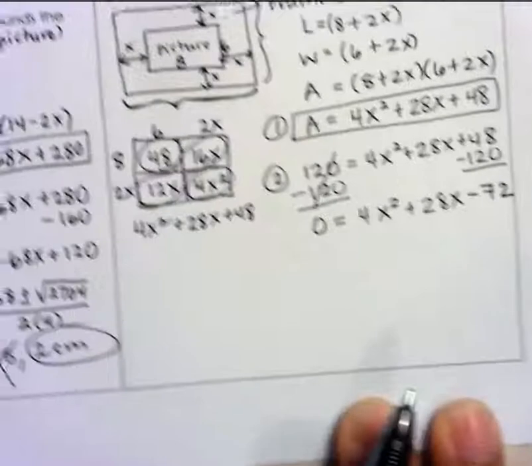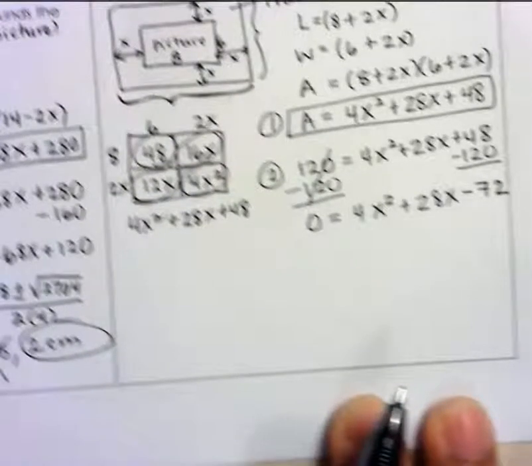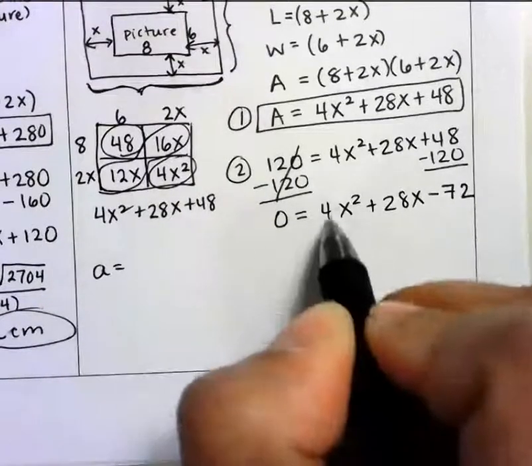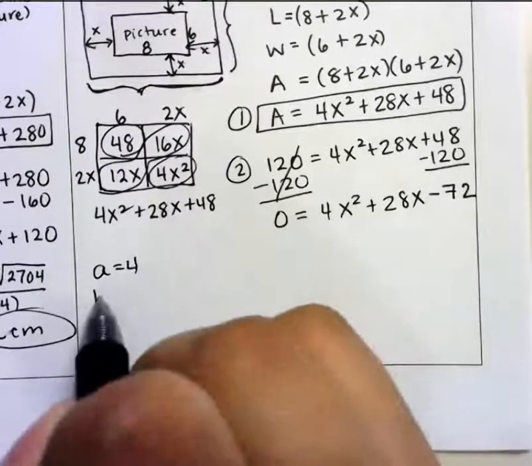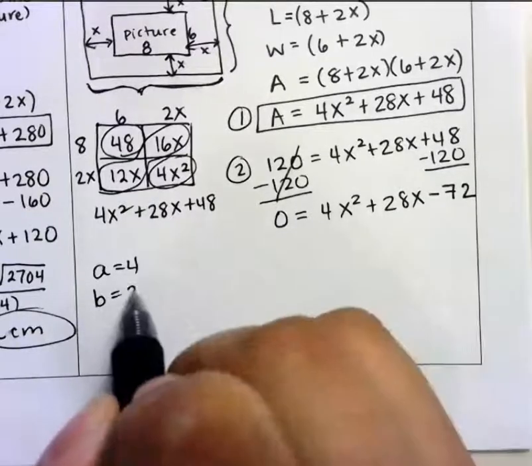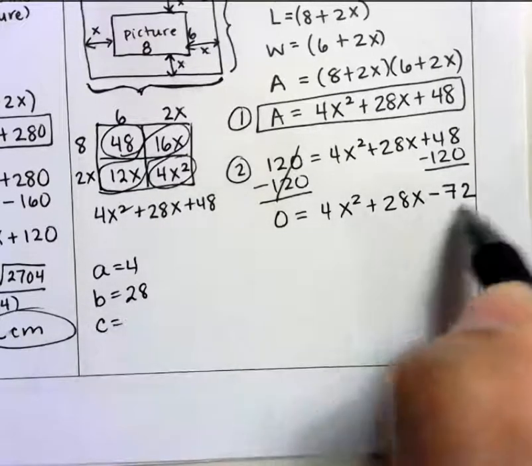Now we're going to use the quadratic formula to solve this problem. So we need the a value, which is 4, the b value, which is 28, and the c value, which is negative 72.